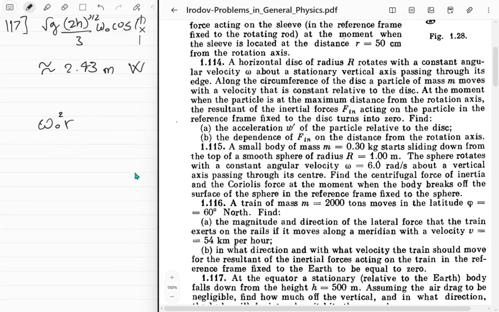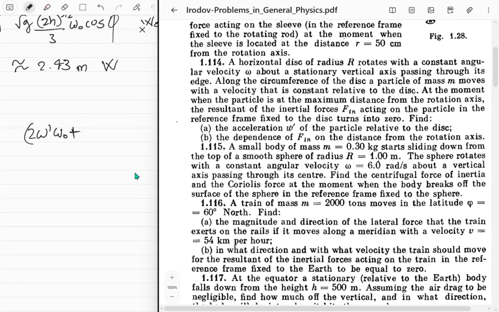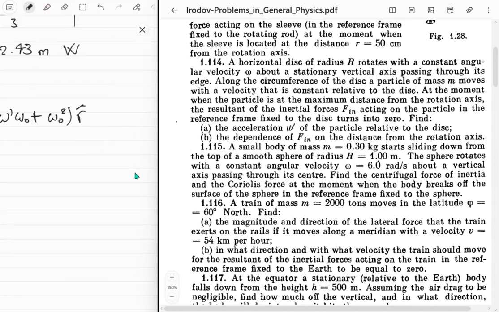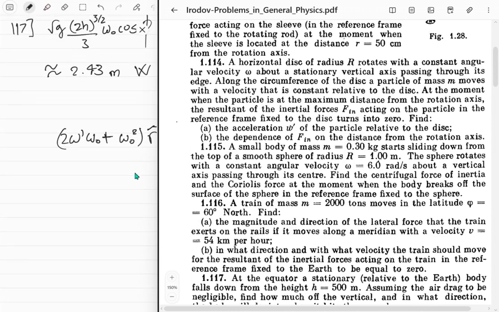And then the other stuff, the other acceleration part, which was omega dash omega naught, so 2 times that, plus omega naught squared r hat, this thing. This quantity should be 0 as well. And omega dash is actually, oh wait, it's not 0 all of the time. Sometimes it's not 0. The north velocity, I mean the velocity along the meridian, is 0.